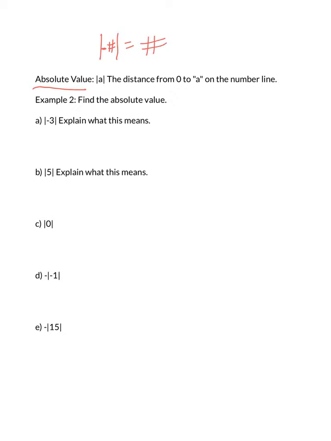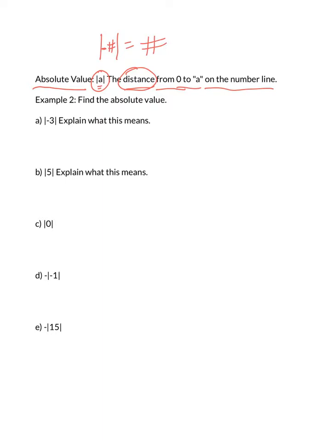And the reason why is that absolute value represents distance. So when you see the two bars around some number, we'll call it A in our math definition, the absolute value of A is really the distance from the number 0 to A on a number line.